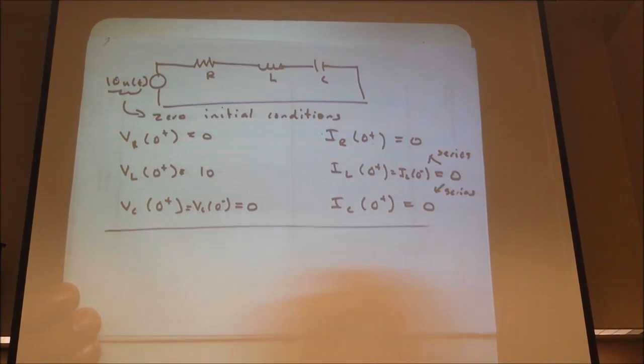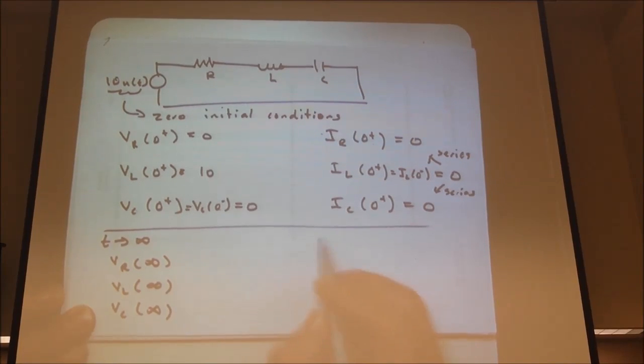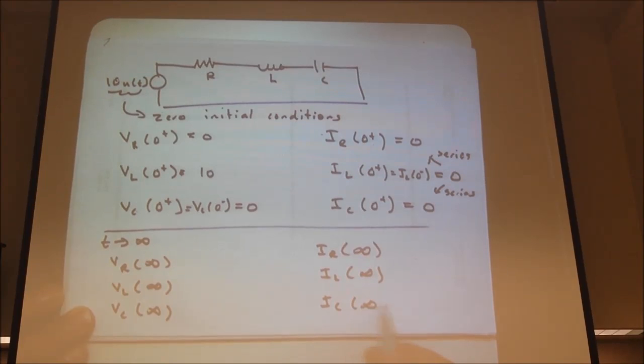Well, what about as t goes to infinity? VR of infinity, VL of infinity, VC of infinity, and IC of infinity.